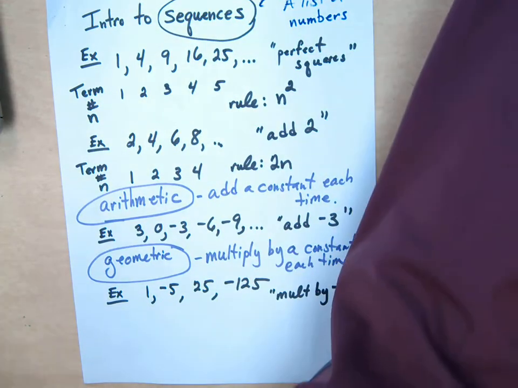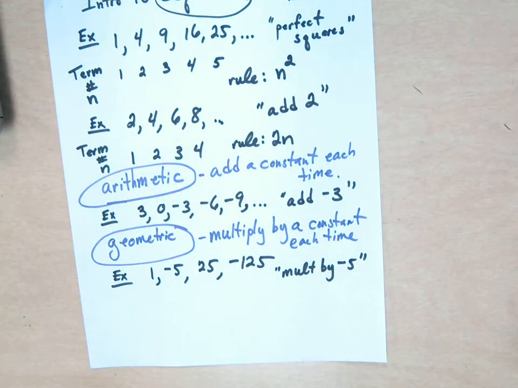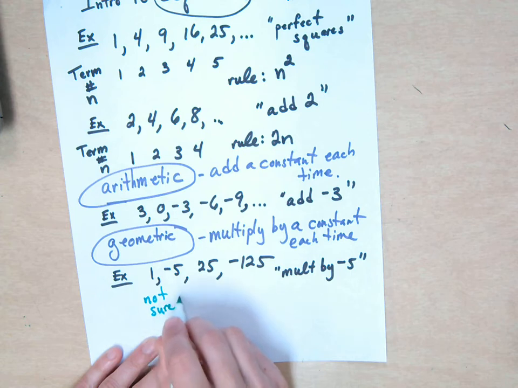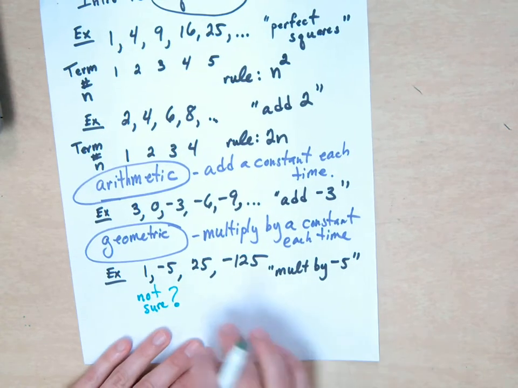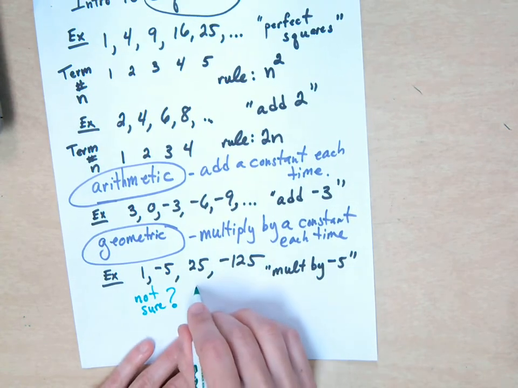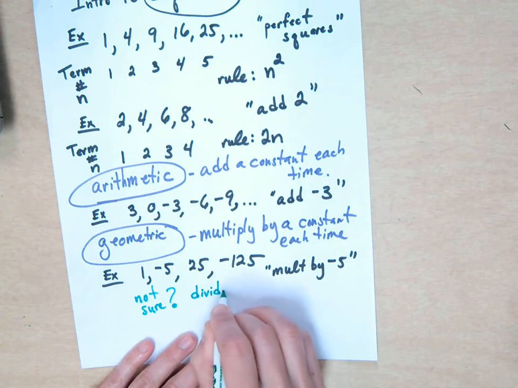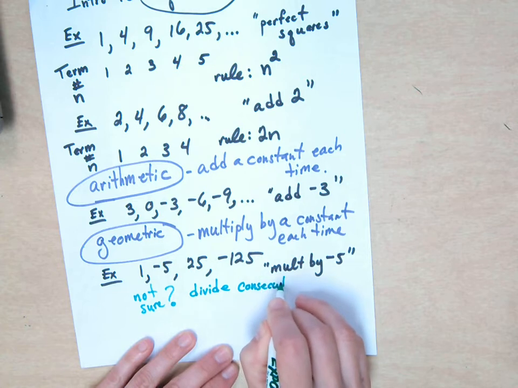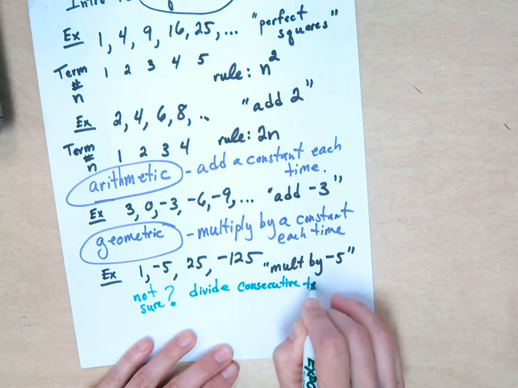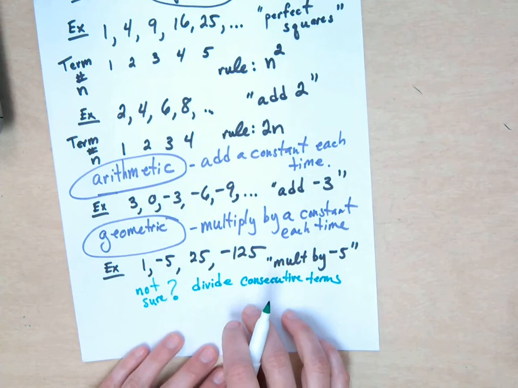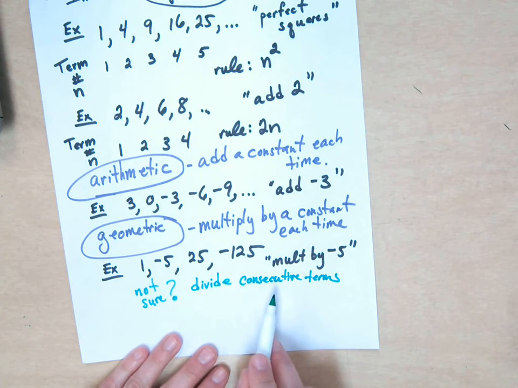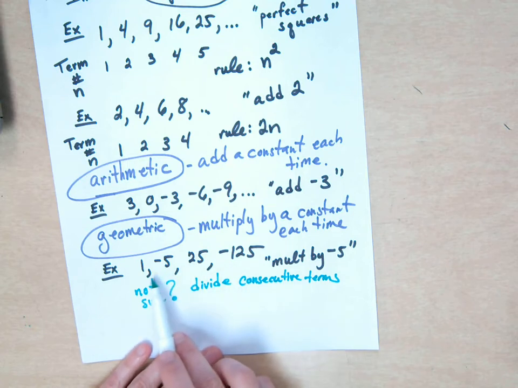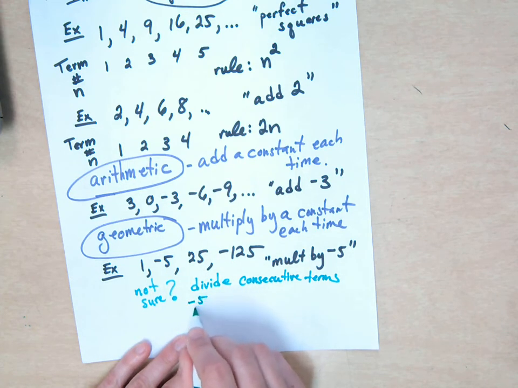One last tip. If you're not sure what you're multiplying by, you can just divide consecutive terms, and you should always get the same answer. What do I mean by consecutive? That means next to. So I take the -5, I divide by 1.